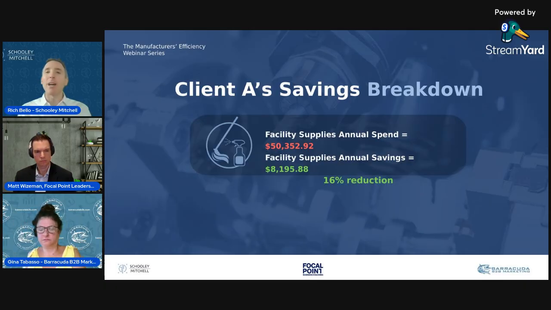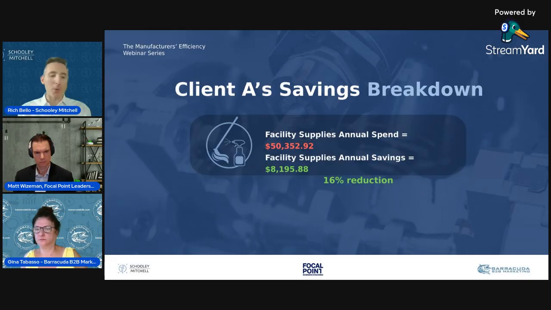Another client was involved in metal recycling, and they were using 4 different vendors for their various supplies expenses. We came in, we were able to consolidate down to 2 vendors and saved them $42,500 over the course of our time working with them.